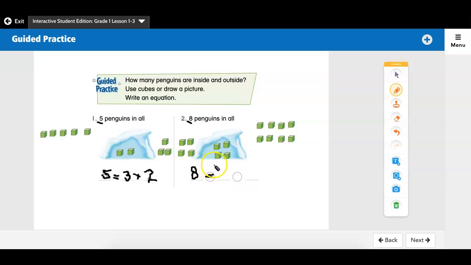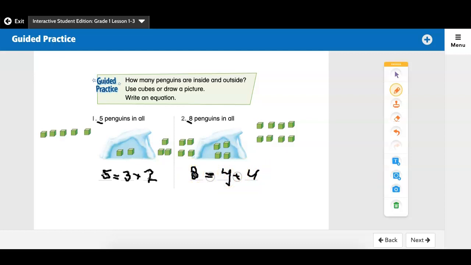So if I have 8 penguins total, so Mrs. Collier put 4 penguins inside of the cave, and I added 4 more penguins outside of the cave. So I have 4 plus 4 equals 8.